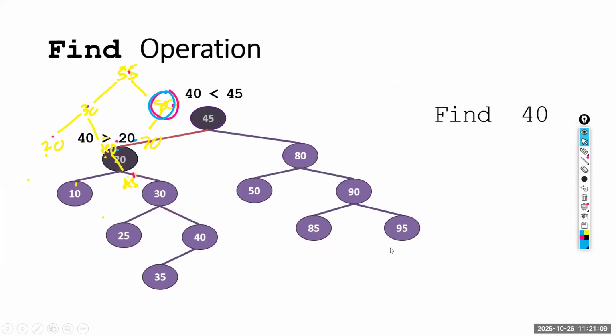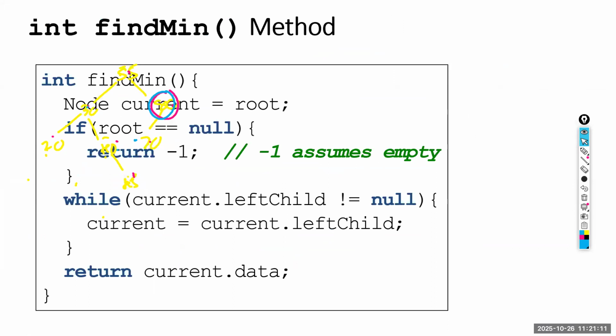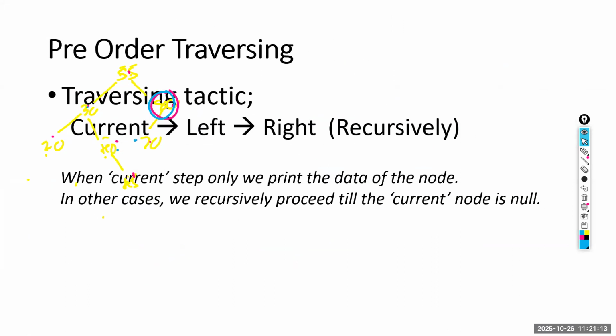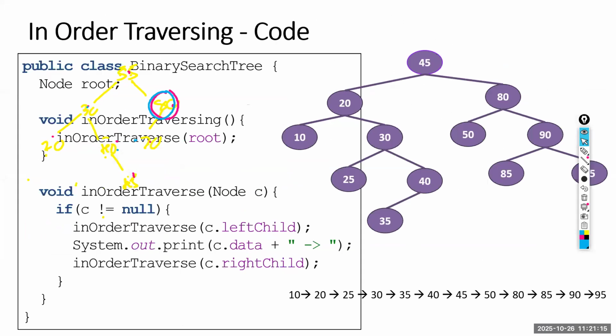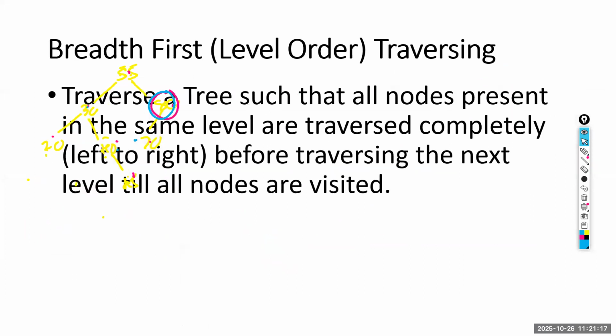So we have discussed this. Right. Sometimes we call it level order traversing. So the idea is the breadth means you try to stay near root. When the near root nodes are visited, then you go to the next level.